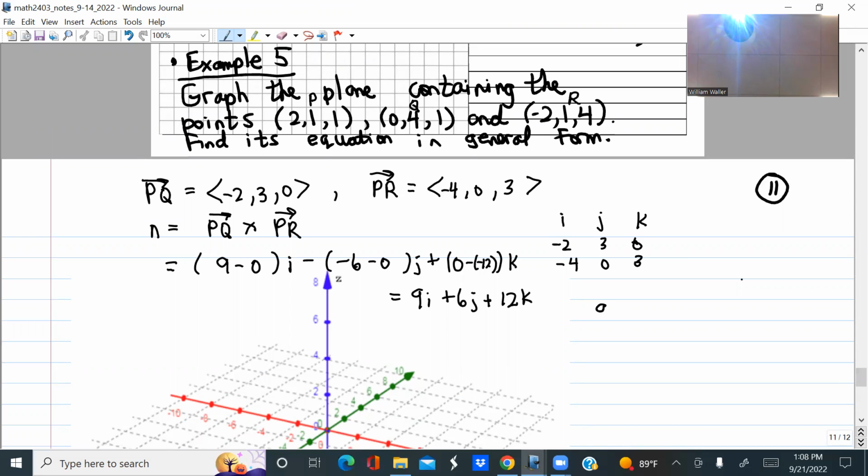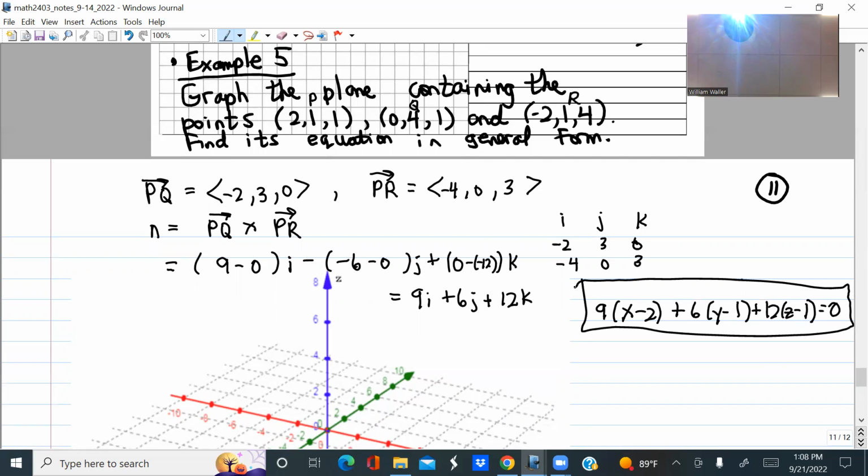Take 9 times x minus 2, plus 6 times y minus 1, plus 12 times z minus 1, or you could use these other points as well. And all that adds up to 0. So there is the equation for this plane.